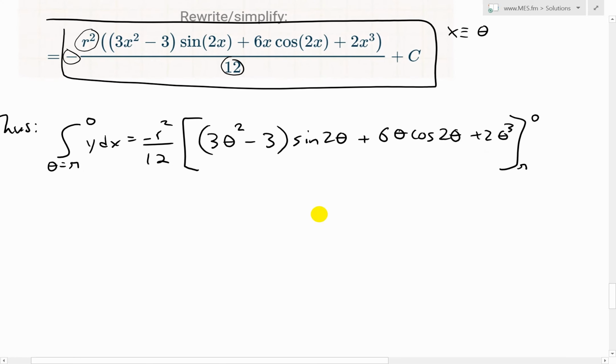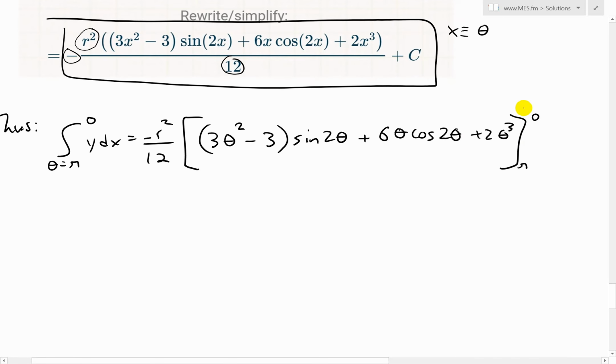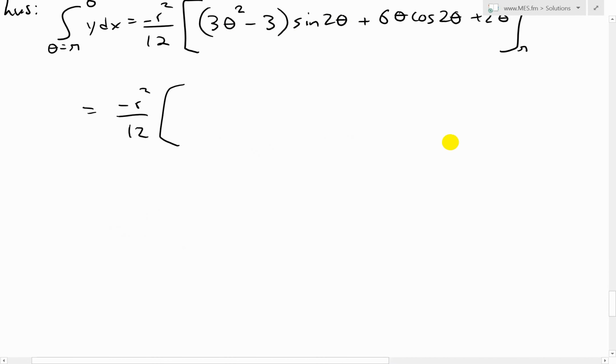So let's just evaluate this. To evaluate it, we plug in the 0 first. So we get negative r squared over 12, and now what we get is, well, this is just 0. Sine of 0 is just 0, and I'll show that in a bit. Actually, I'll write that here first.